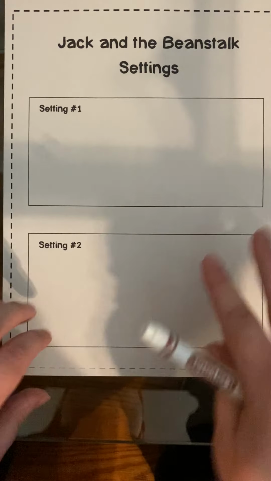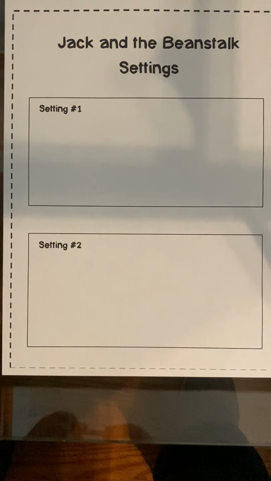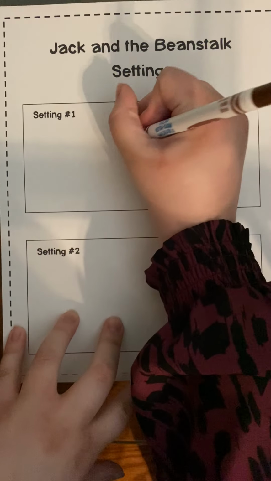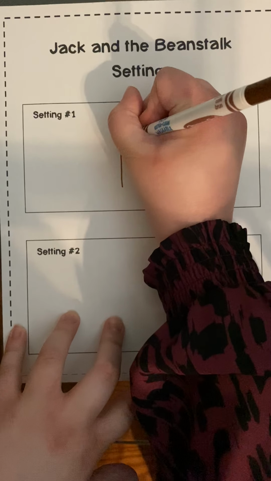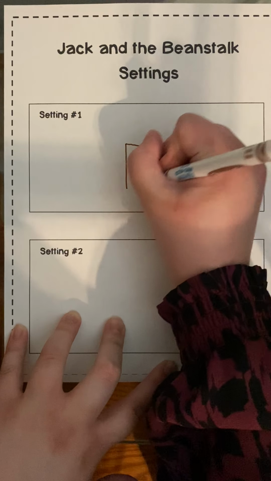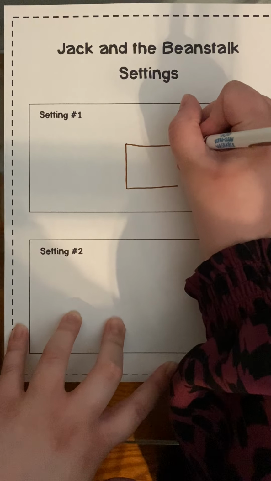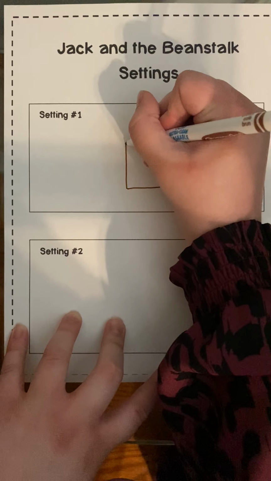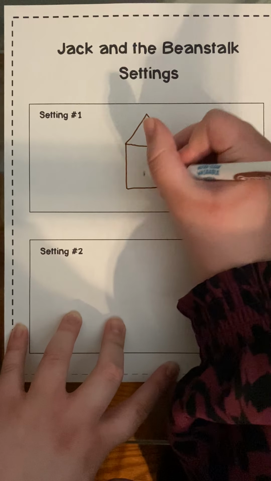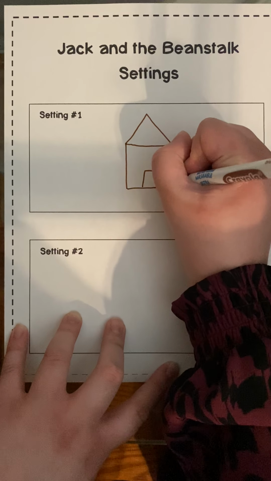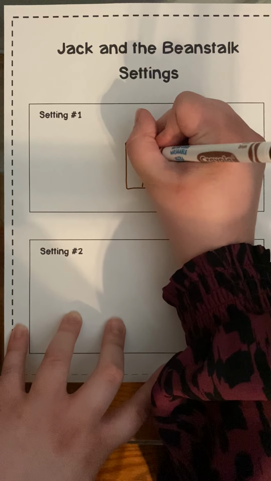Nothing too fancy. So let's see if I can draw this. So I'm going to draw a house. I'm going to draw a door right here. I'm going to draw a window.